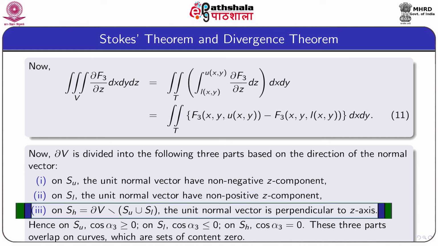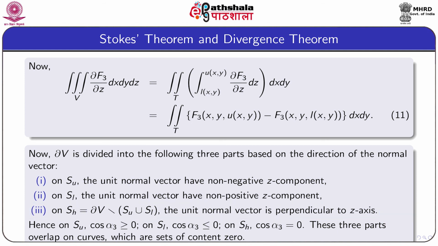And finally, on S_H, which is ∂V with S_U union S_L subtracted, the unit normal vector is perpendicular to the z axis. Hence, on S_U, cos α3 is non-negative, on S_L, cos α3 is non-positive, and on S_H, cos α3 is 0. These three parts overlap on curves which are sets of content 0.